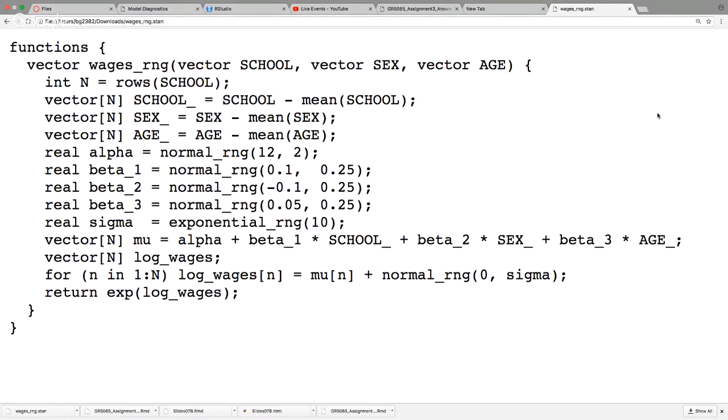The posterior distributions of alpha, all the betas and sigma are going to move. And if you're conditioning on 50,000 observations, it's probably not going to matter very much what distributions you used for the priors here, as long as they're not absolutely crazy. Or you forget to anti-log at the end and you get negative wages or something, which would be crazy.